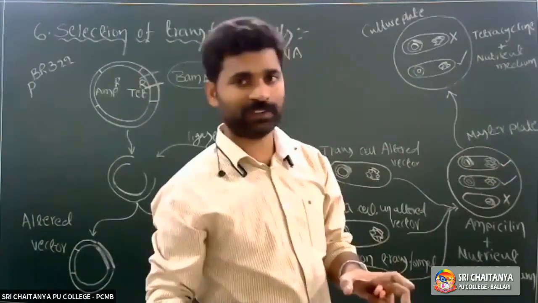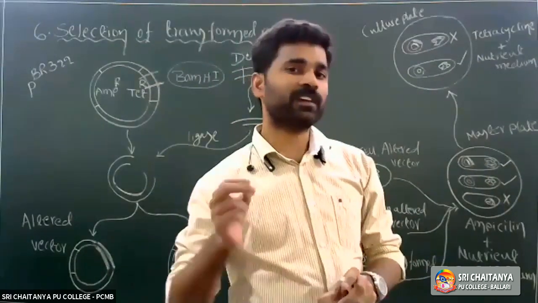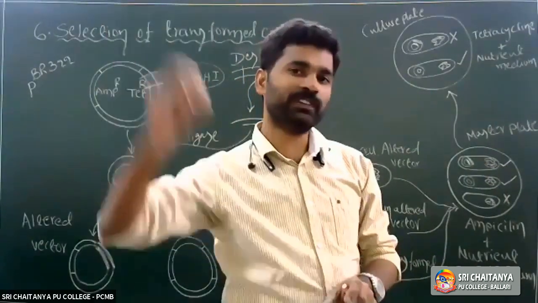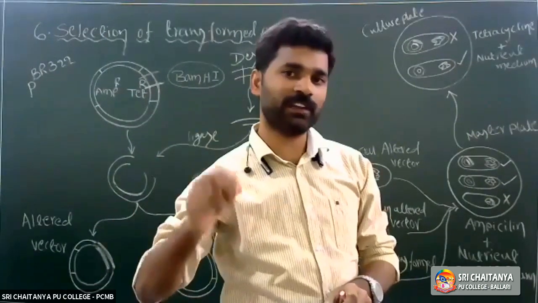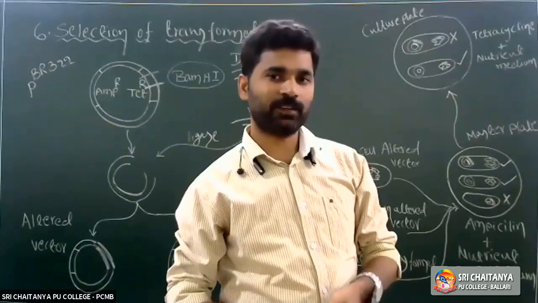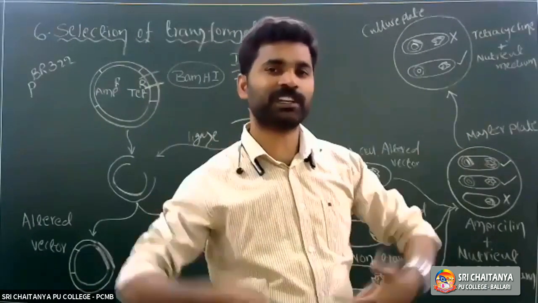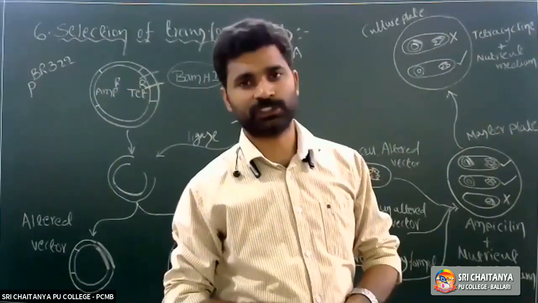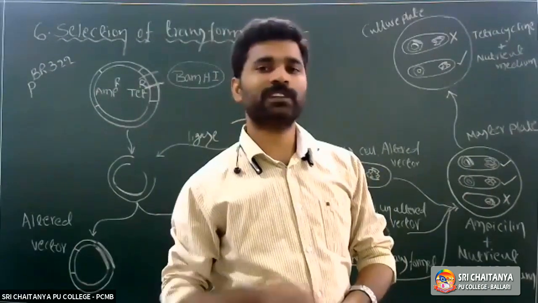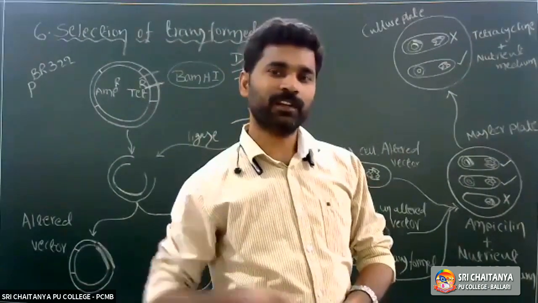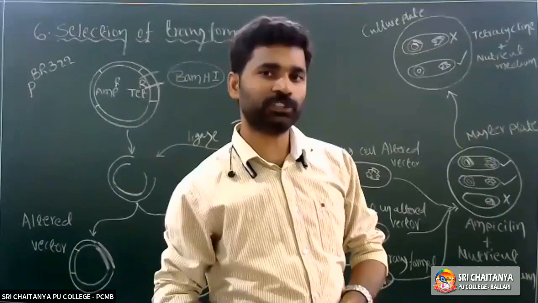See, in earlier classes I already told you one thing. When we insert another organism's genetic material into a bacterial cell cytoplasm or any organism, slowly some phenotypical characters or external characters change.